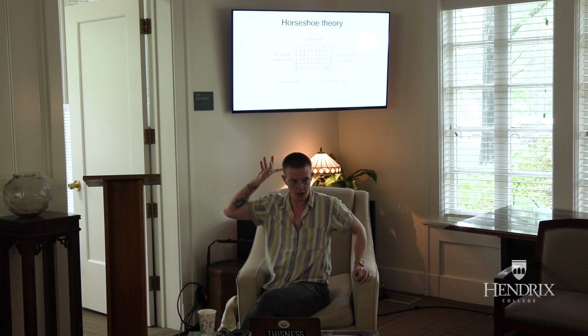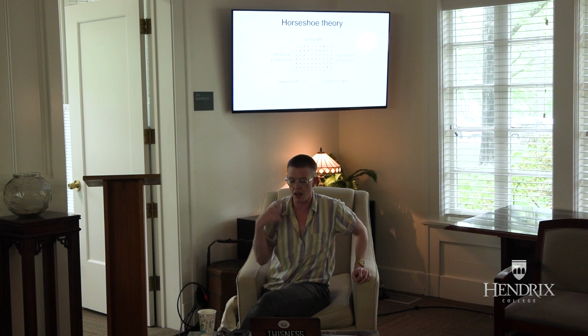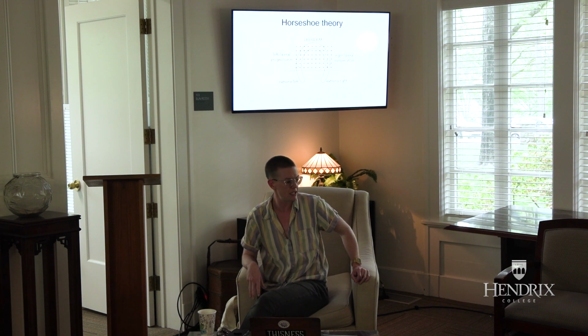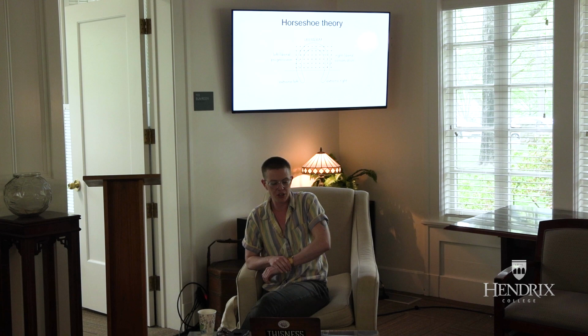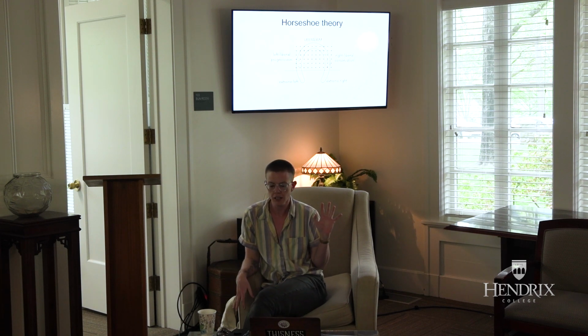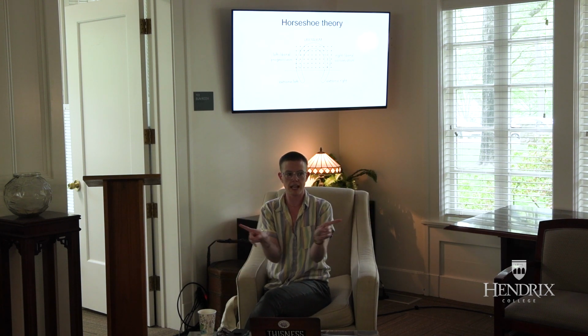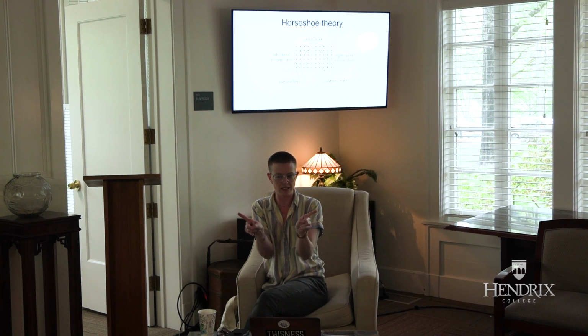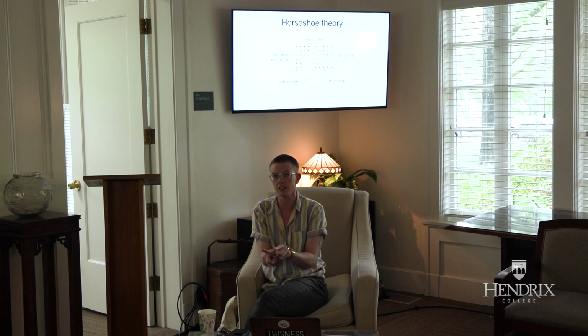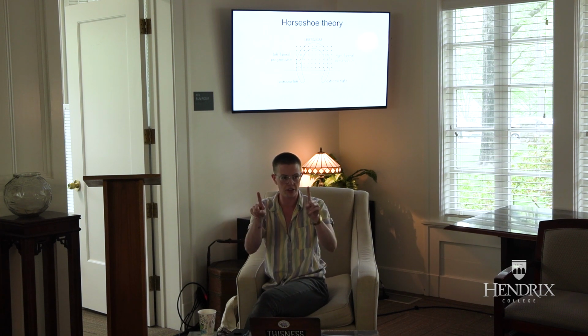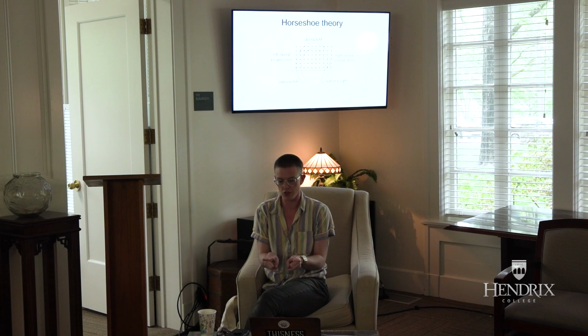Another very common type of false equivalency that you'll see in political argument is through horseshoe theory, where you have the extreme left and the extreme right sort of coming down together and being closer to each other than they are to any other position on the political spectrum.